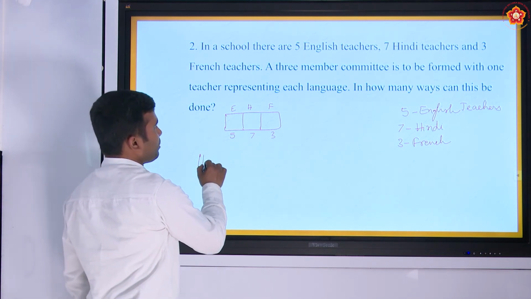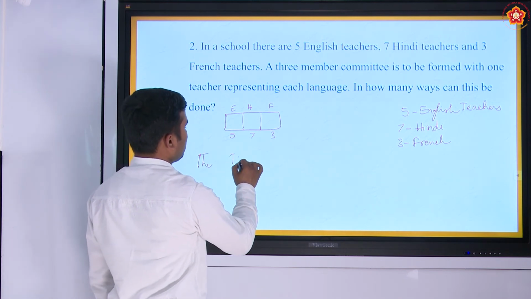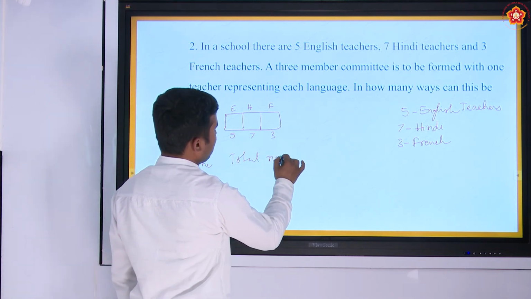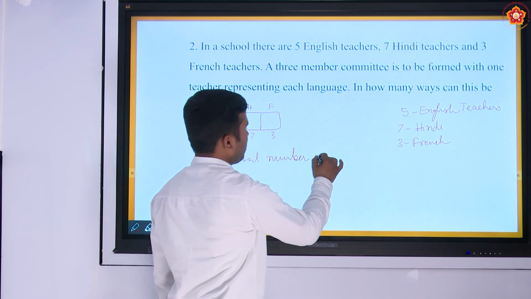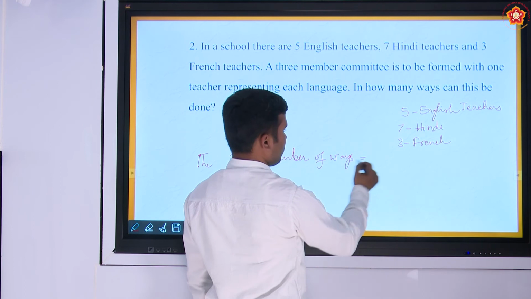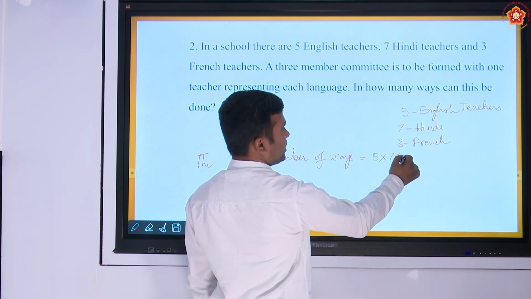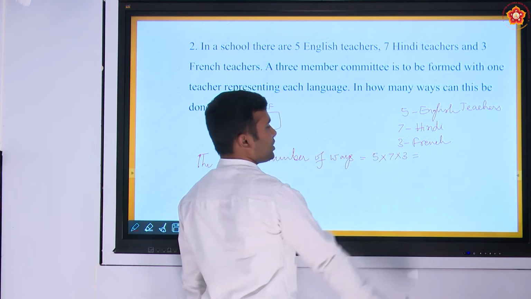That many ways I can form a committee having each language teacher. So the total number of ways is equal to, there will be 5 English teachers, 7 Hindi teachers, and 3 French teachers.